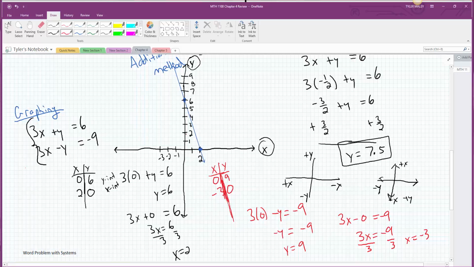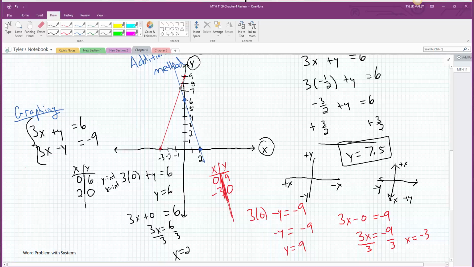Then I can plot these points. So (0, 9) would be here, and (-3, 0) would be here. Then I can grab my line tool again and plot these. I'll do this in gray.